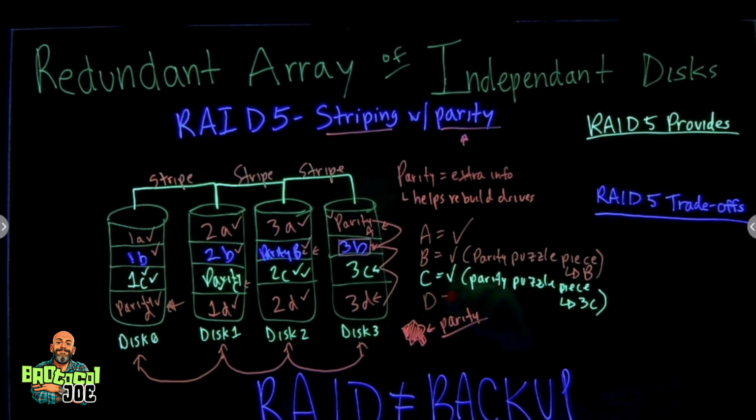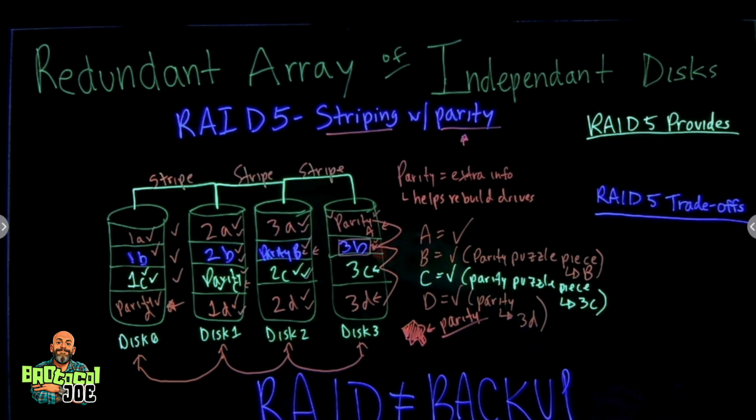So D is good because we have the parity, which is running our room here, but it is rebuilding the lost 3D that we have. Okay? But notice the trend here. I have A, B, C data blocks in parity of D. A, B, parity of C, 1D. A, parity of B, 2C, 2D.